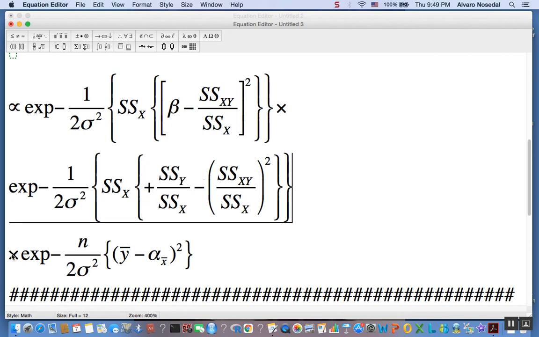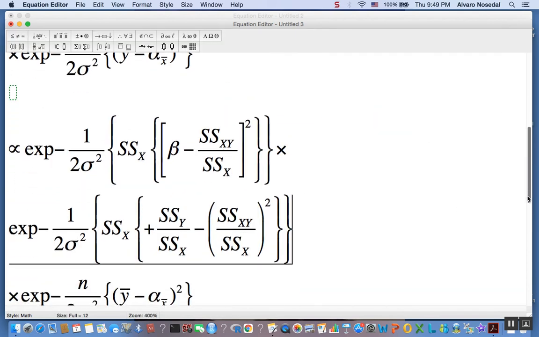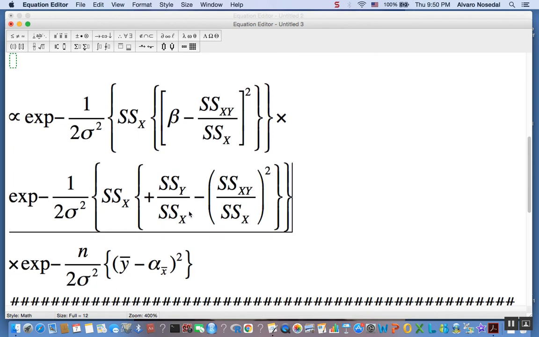Okay, and we have the other one, the one with alpha, the one that we had from before. Now note something, the one in the middle, we are assuming that sigma squared is known, so that can be absorbed in these guys. The x's are known, the y's are observed, so these are constant with respect to alpha and beta, right? So these can be absorbed by the proportionality symbol.